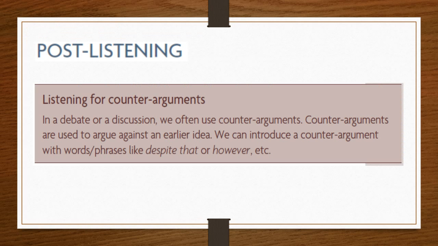When you find these counter argument words or phrases, the sentence after them is called the counter argument idea, and the idea before them is the argument idea or the earlier idea. These are counter arguments: an argument, then a counter argument word or phrase, and then a sentence which is opposite to the earlier one. Now let's have some exercises on counter arguments.